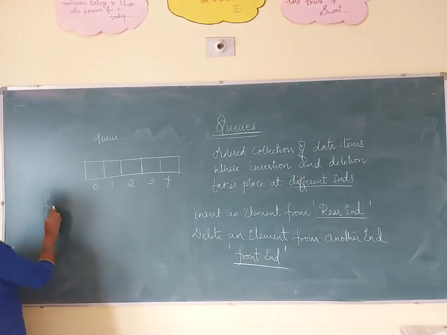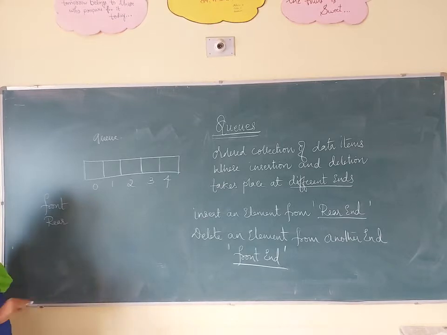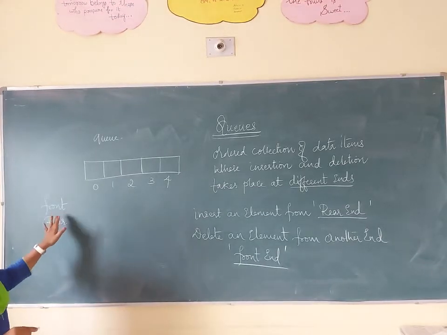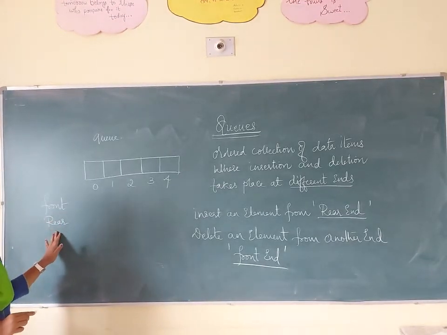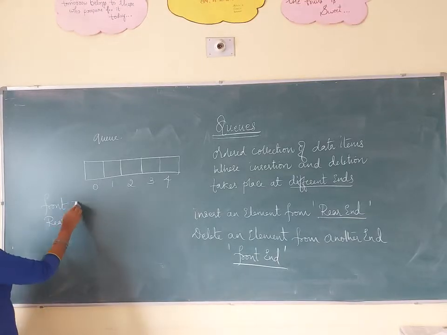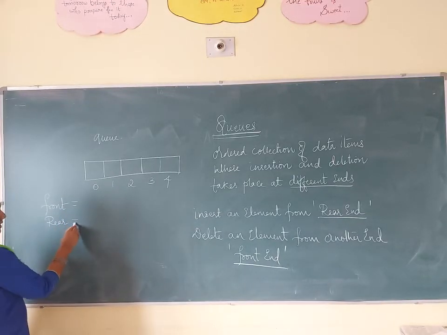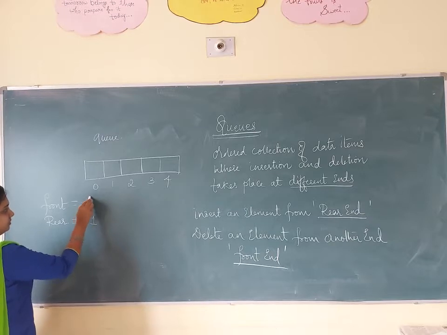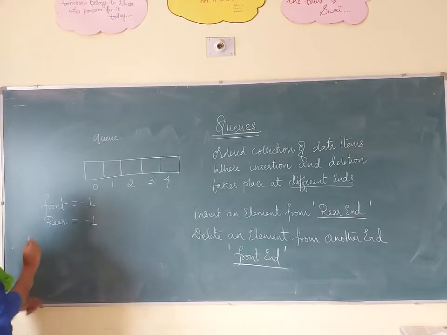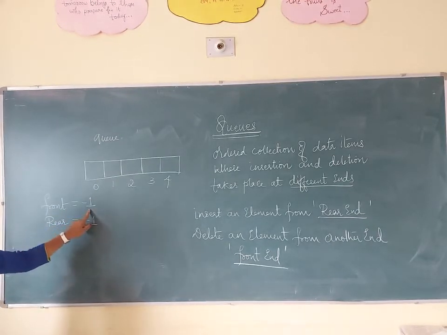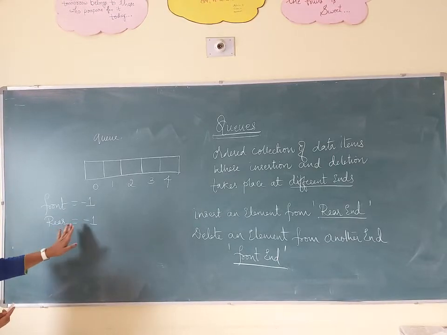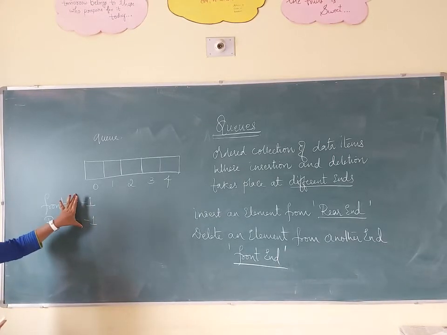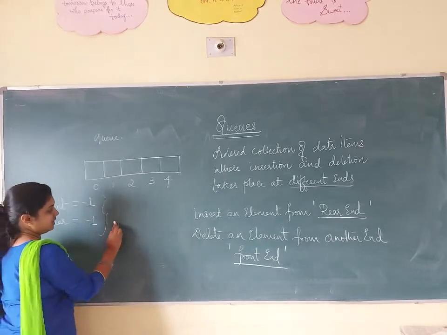One is front end, and another is rear end. If front is equal to -1, that is null. If rear is equal to -1, it indicates that queue is empty.